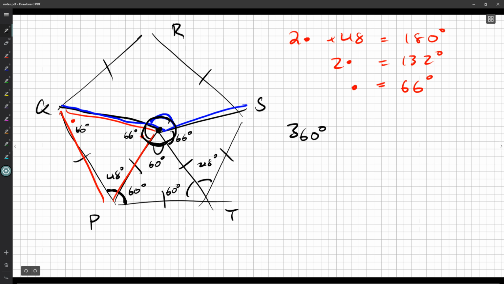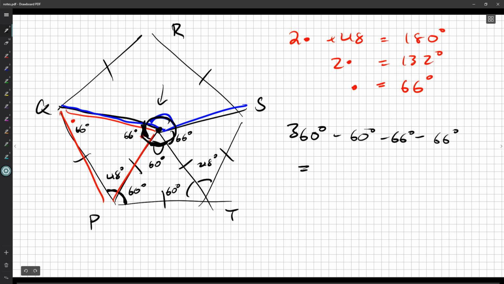Let's do it this way. Take away the 60 degrees from the equilateral triangle. Take away one of the 66s over on the side here. Take another one of the 66s away. And you should be left with our final answer, this angle right here.